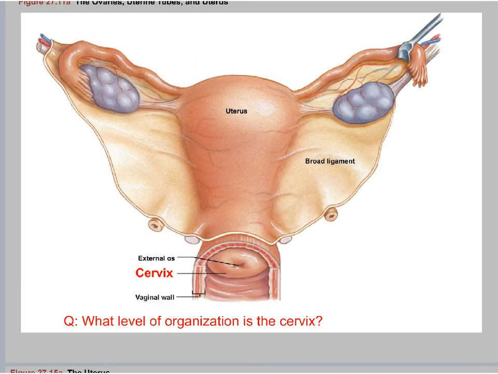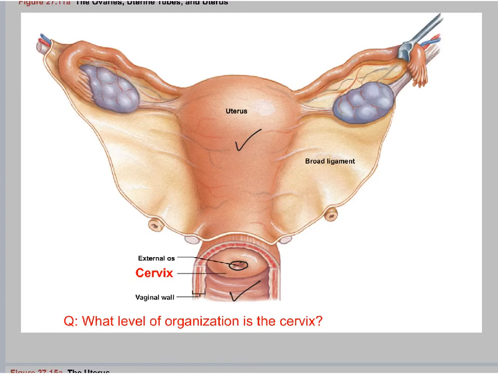Here's another view in a different picture of that cervix. And this, remember, the cervix is the communication point between the uterus and the vagina. And this is the external os.